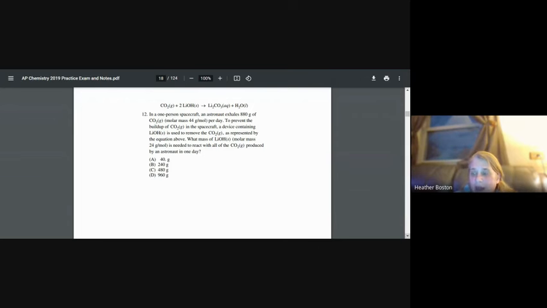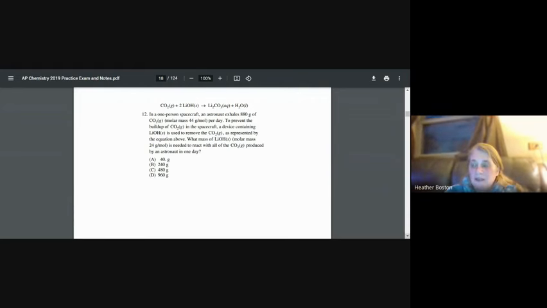So now you have 20 times 2, or 40. So you need 40 moles of lithium hydroxide at 24 grams per mole. So you're going to be multiplying 40 by 24, and the correct answer is D at 960.